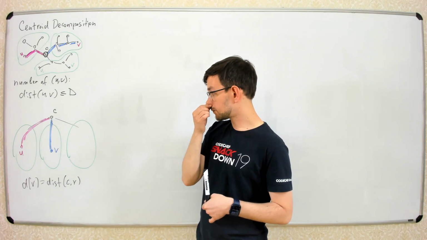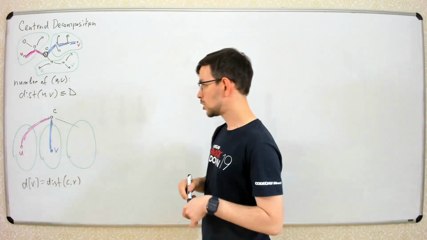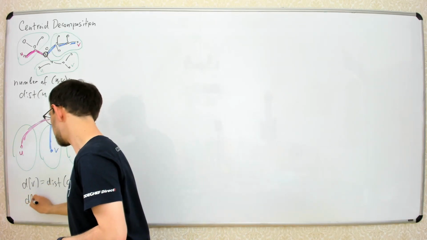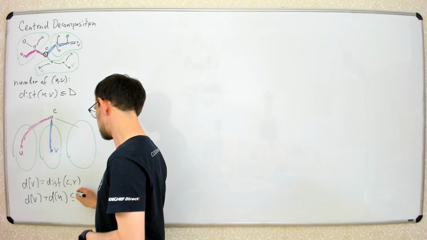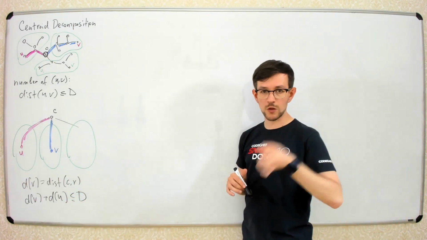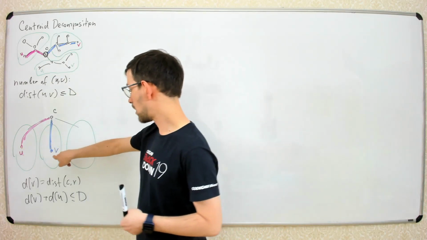Now, when you pre-calculate these distances, what do you want to do? You want to find the number of pairs U, V such that distance to V plus distance to U is no more than D. Now, if you fix one of these vertices, for example node U, then how to find node V?